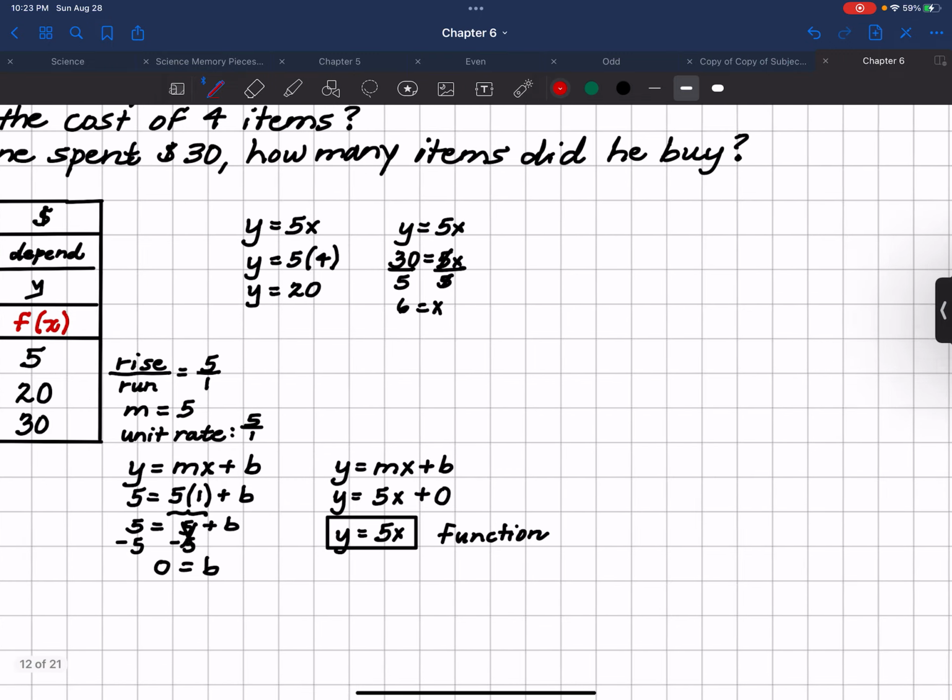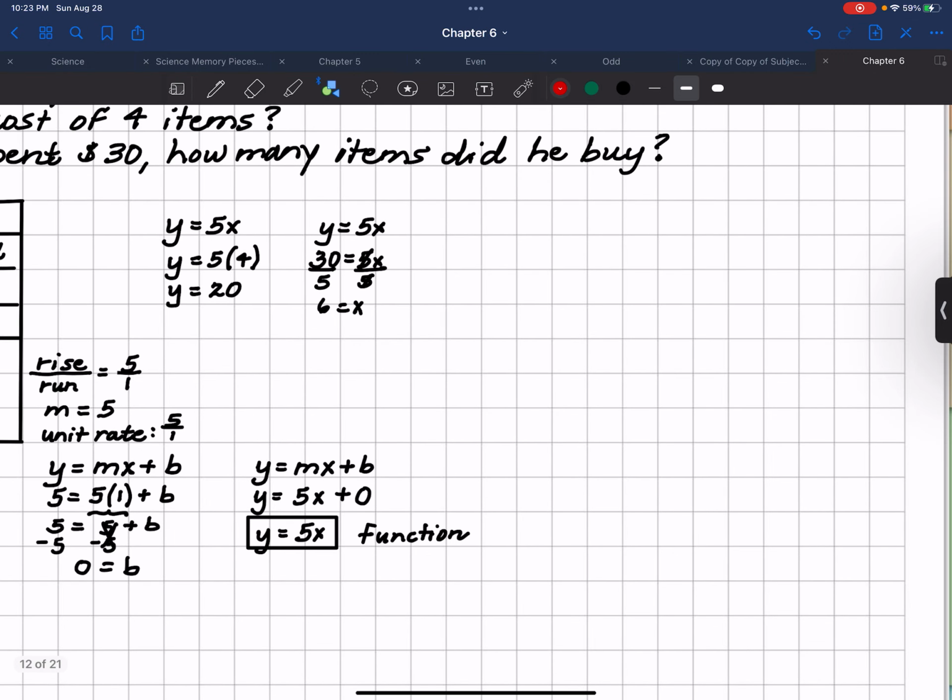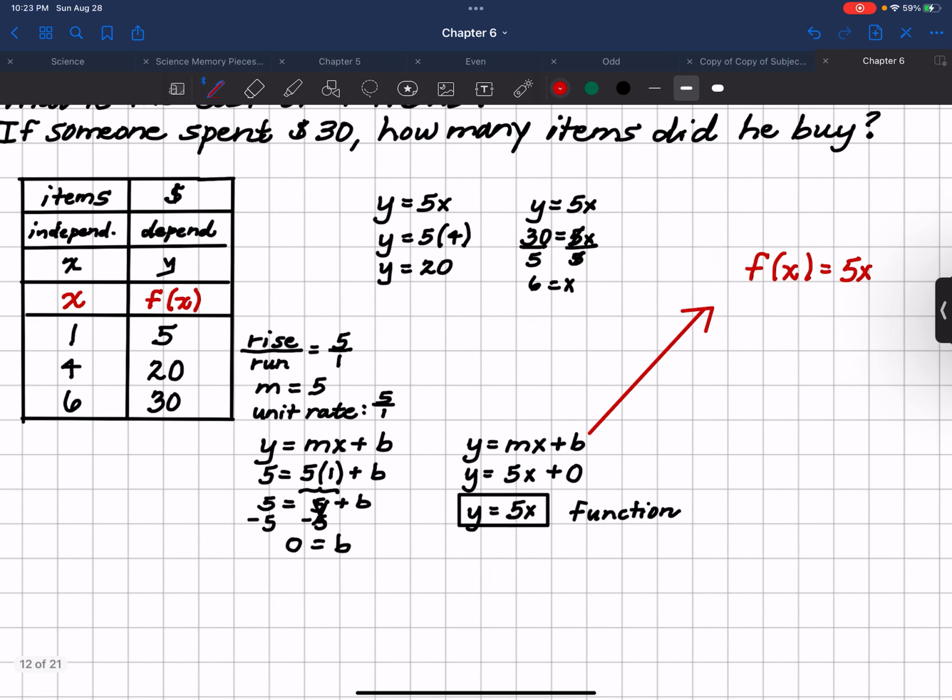So I'm going to rewrite the function, the same thing. Instead of y equals 5x, I'm going to say f of x equals 5x. And then I'm going to tell you that when x is 1, y, the output, is 5 times 1, which is 5.